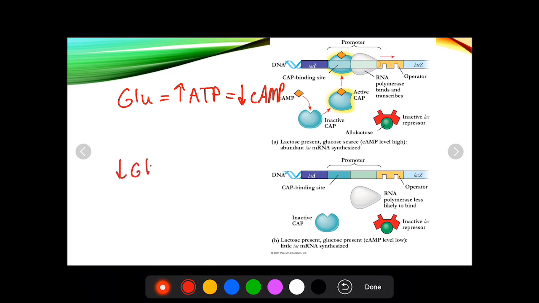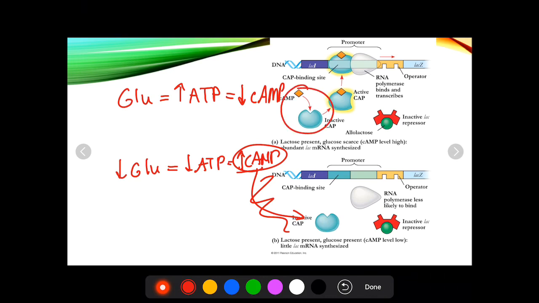So if you have low glucose, you have low ATP, you have high cAMP, and if you have a lot of cAMP, cAMP is going to act to activate the activator. That is going to promote RNA polymerase binding to the promoter and allow for transcription to occur.